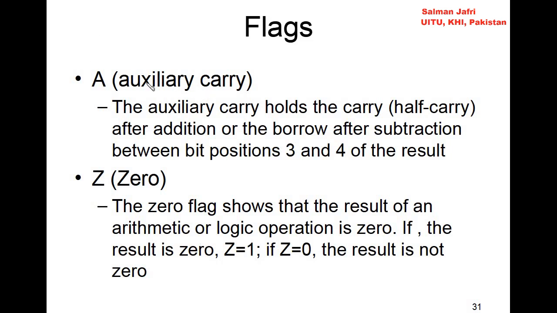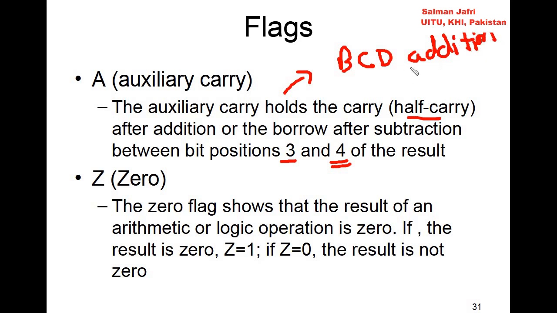Some more flags. Auxiliary carry holds the half carry after addition or borrow after subtraction between bit positions 3 and 4. So if we have a carry from bit 3 to bit 4, then we have an auxiliary carry, and it is very useful for binary coded decimal or BCD addition or BCD subtraction.